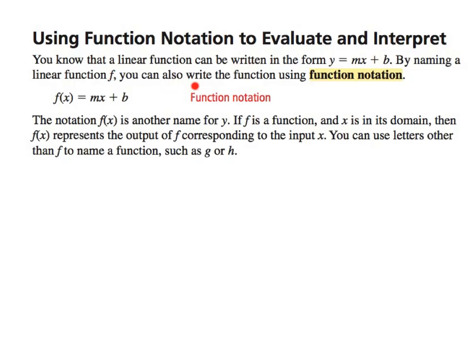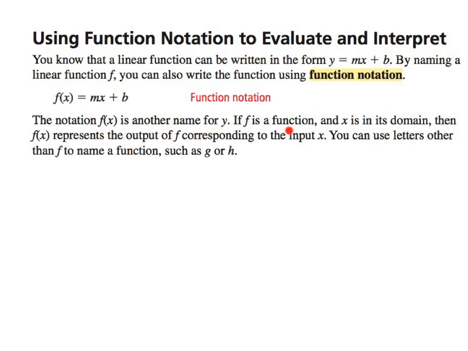Now, using function notation to evaluate and interpret. You know that a linear function can be written in the form y equals mx plus b. By using function notation, we can call it f of x equals mx plus b. The notation f of x is another name for y.